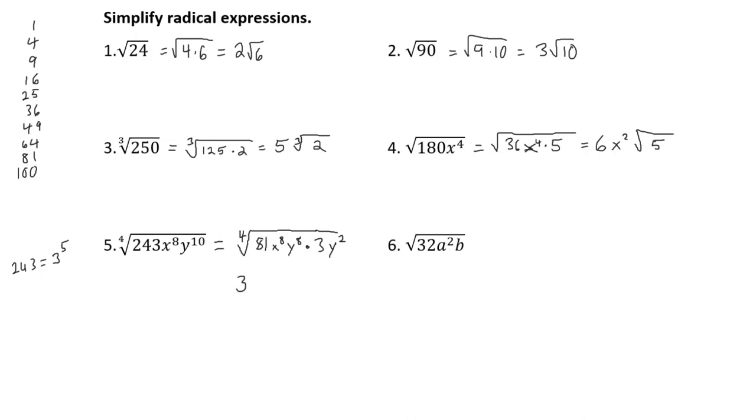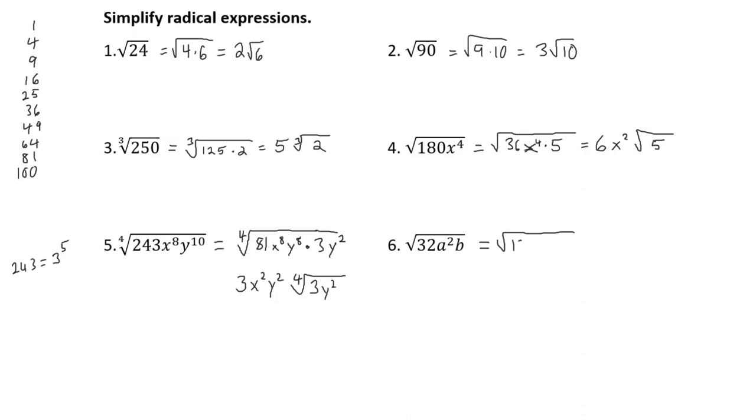X to the 8 divided by 4 becomes x squared. Y to the 8th is y squared. And what's left in the fourth root underneath is the 3y squared, because that was not a perfect 4th power. All right, let's look at 16 times 2 to give us 32.